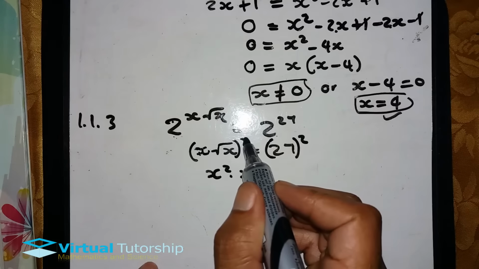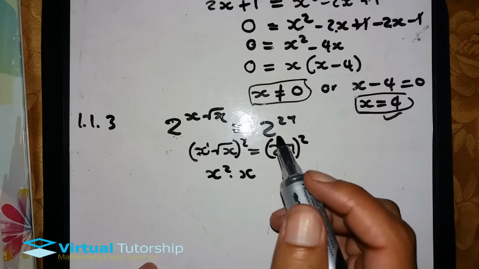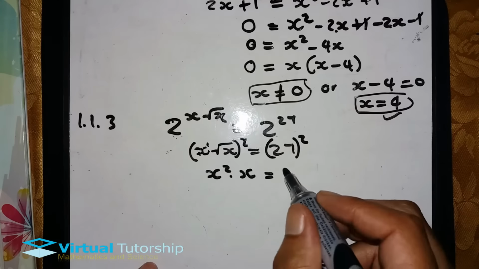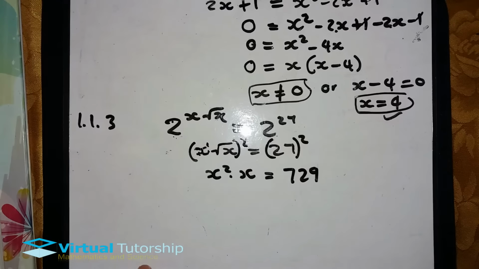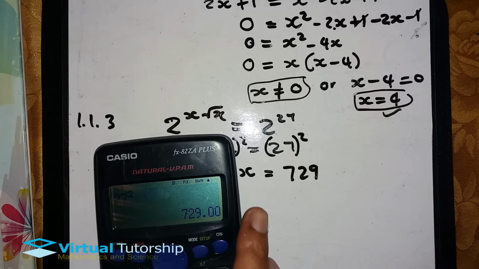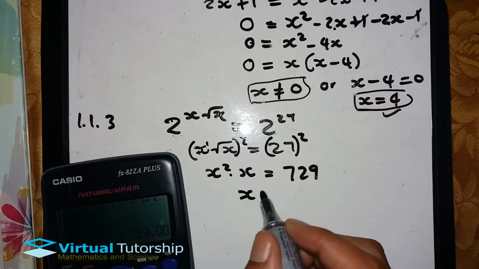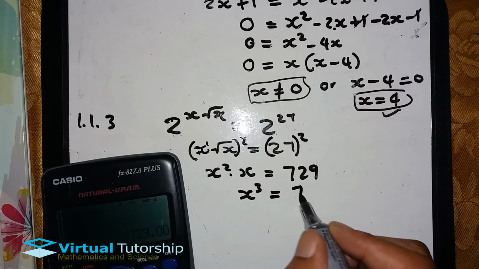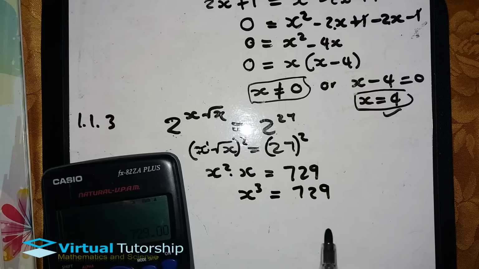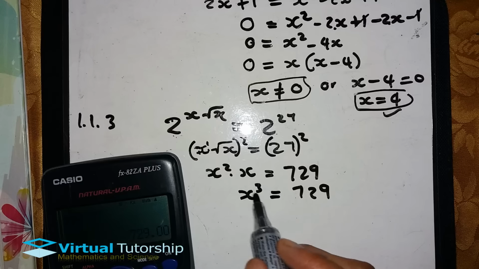So lo squared you cancel the square root, lo 2 or multiply lo 1 lo, ne, equal to 729. I think double check, 729, yes. So x squared times x, it's x cubed equal to 729. So I'm solving for x, not x cubed.